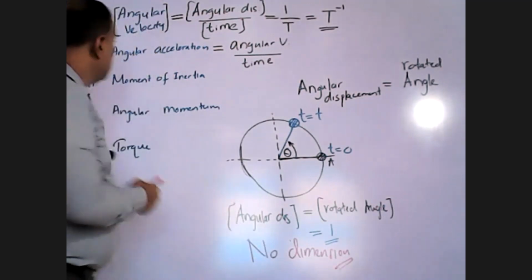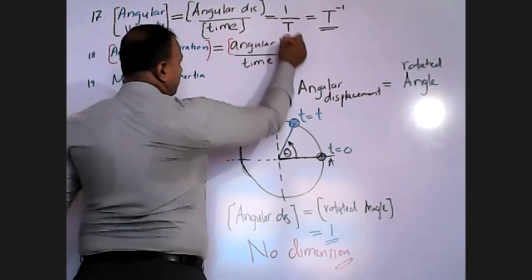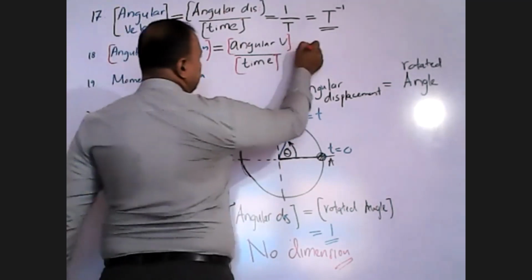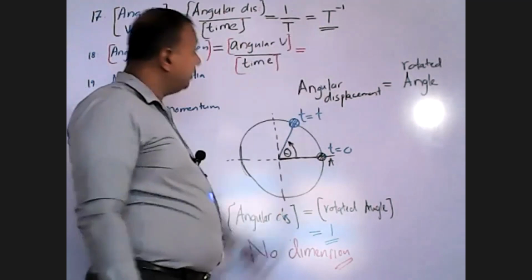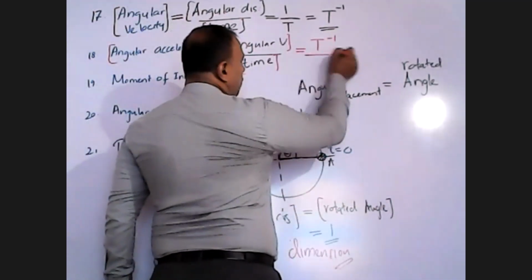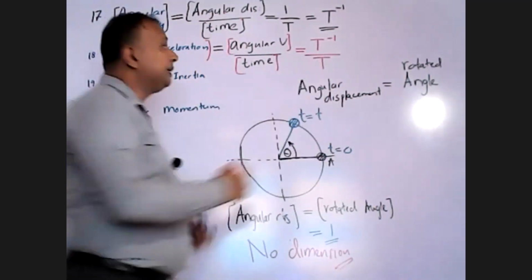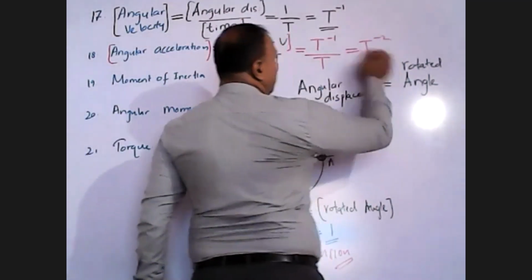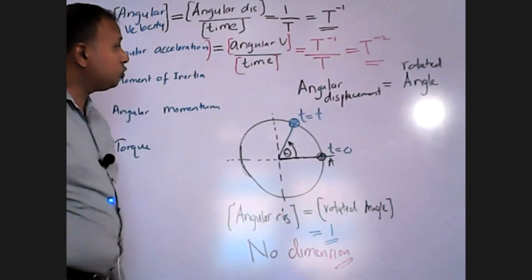So the dimension of angular acceleration is equal to the dimension of angular velocity over the dimension of time. The dimension of angular velocity I have determined as T minus 1, so T minus 1 over T means T minus 2. We can bring this one to the numerator. Then it will become T minus 2.